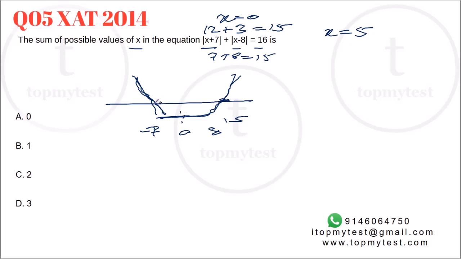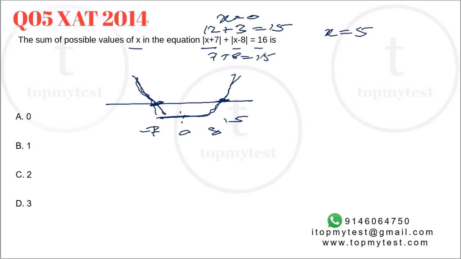Now, there will be two distinct solutions. You need to find all the values of the curve where it is equal to 16. So for it to be equal to 16, either x has to be more than 8 or it has to be less than minus 7.